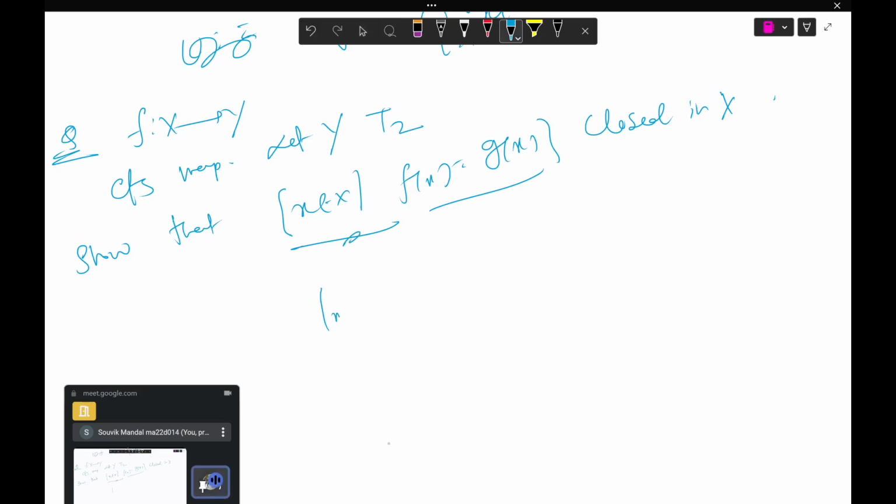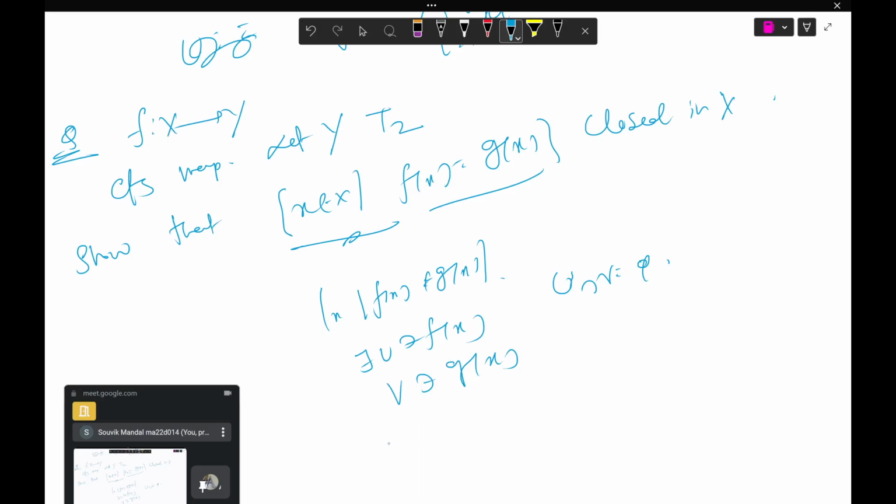So if we take any point in the complement, then f(x) is not equal to g(x), and Y is Hausdorff, so there exist open sets U and V such that f(x) is in U and g(x) is in V. After that, I did not get an open neighborhood of x which is contained in the complement of S. You are almost done. U intersection V is empty by the Hausdorff condition of Y.